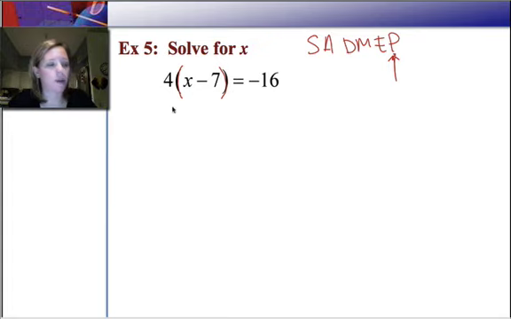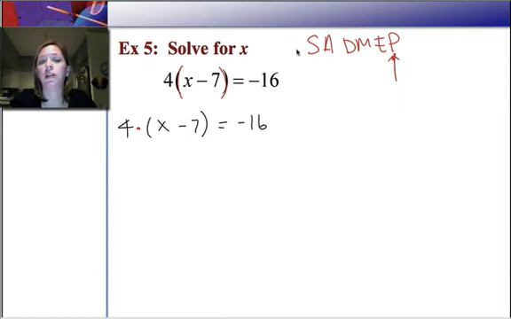That means that this problem is now 4, and parentheses here means times, 4 times x minus 7 equals negative 16. So the first thing that we're going to undo is that multiplication, because the subtraction is in the parentheses, it gets done last. So first we're going to undo the multiplication.